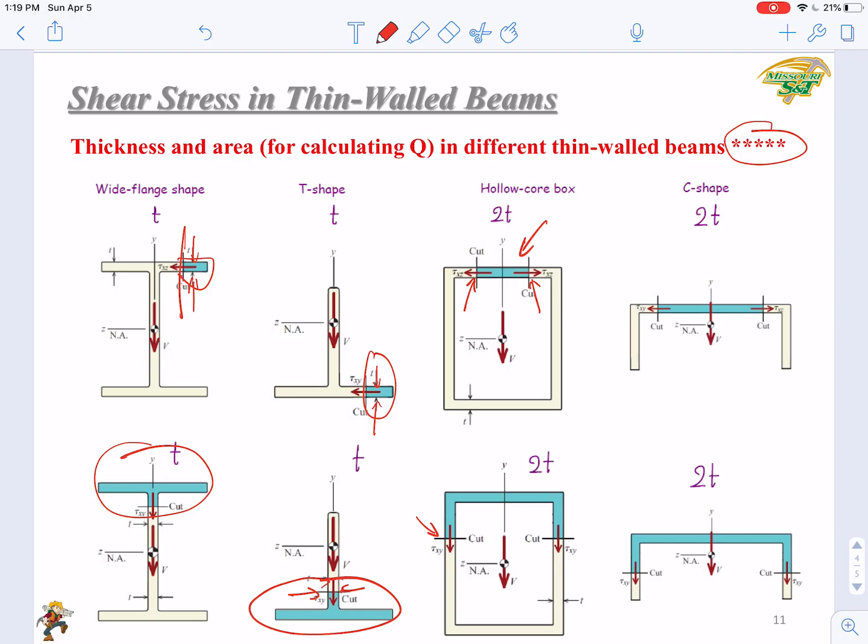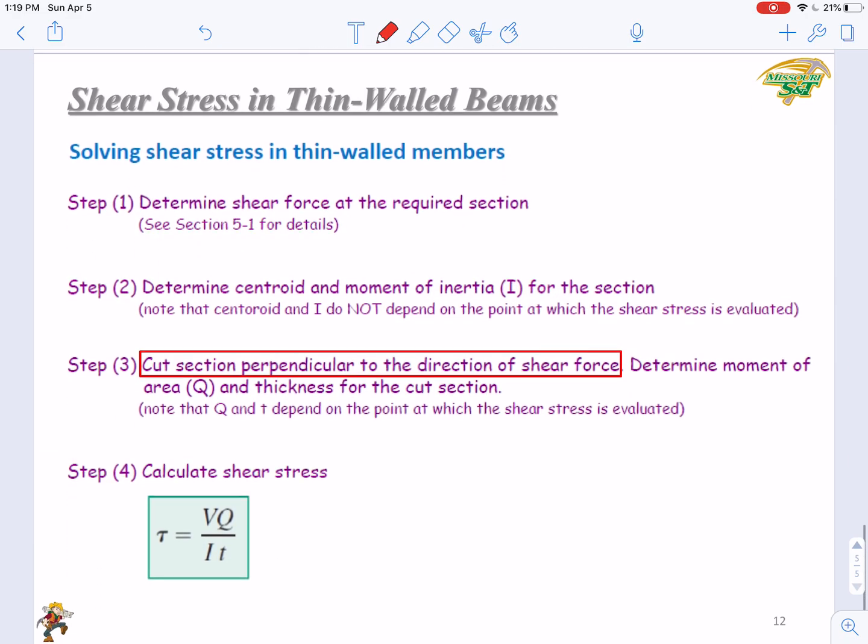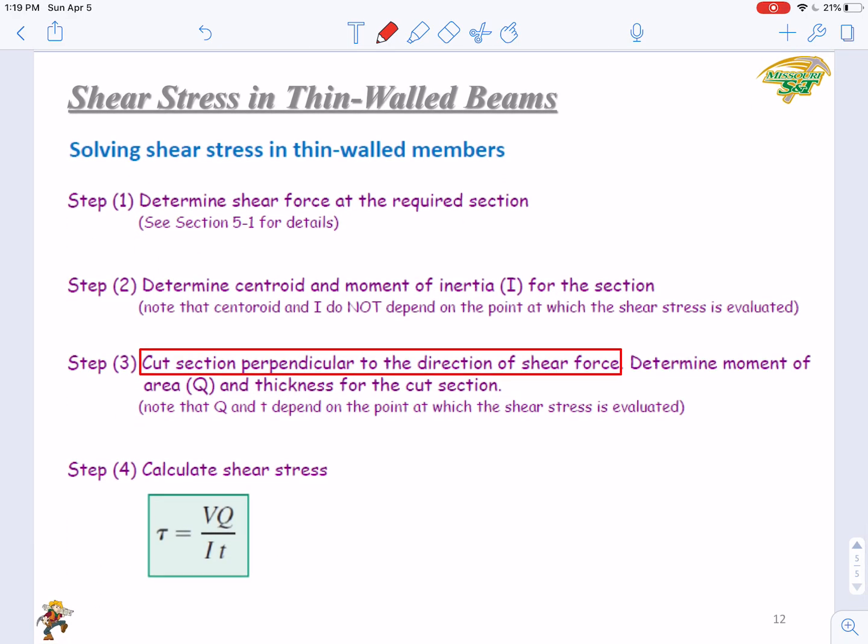Based on this area, you calculate the Q. Then when you calculate the stress, you need to consider 2 times T, not just 1 T. The T is just here, and here is the T value, but you need to consider 2 times T.